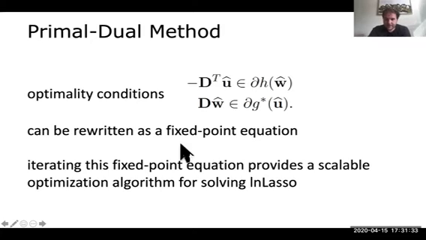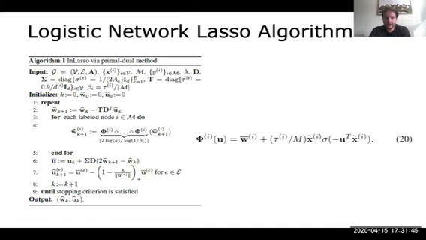This fixed point equation can be iterated to obtain a sequence of primal and dual variables which converge to the solutions of the primal and the dual problem. Working out these updates of the fixed point equation results in this Algorithm 1, which is discussed in more detail in the paper.